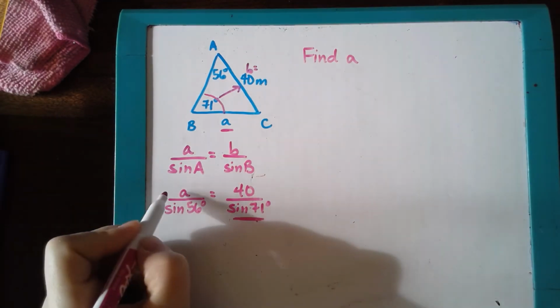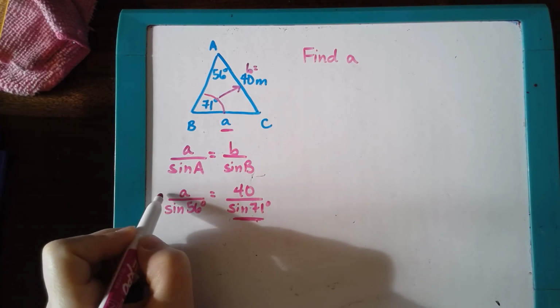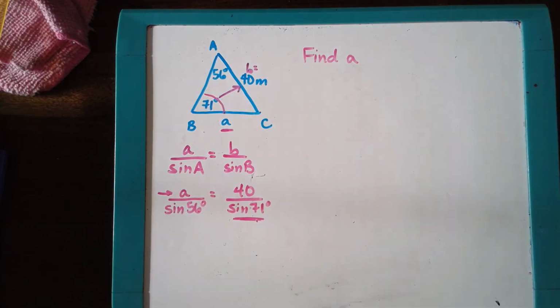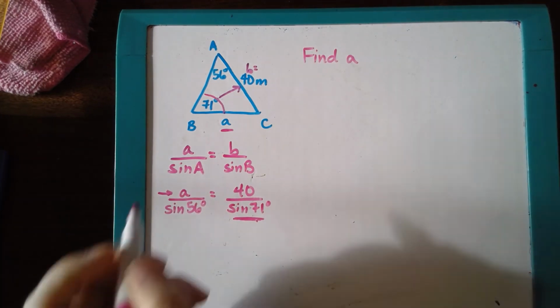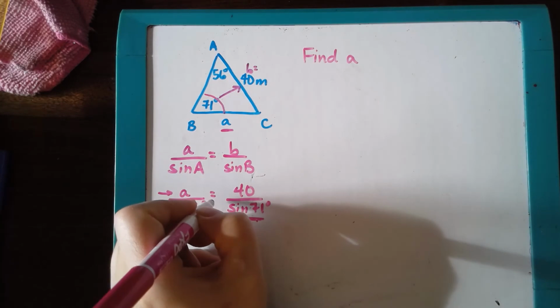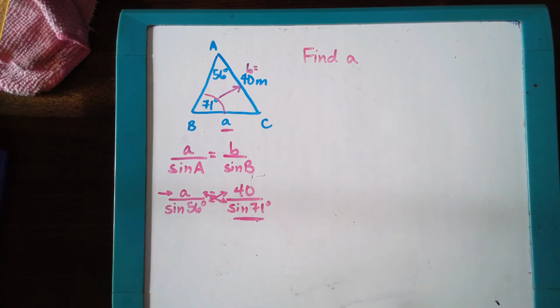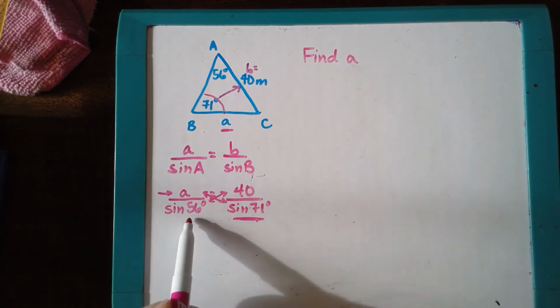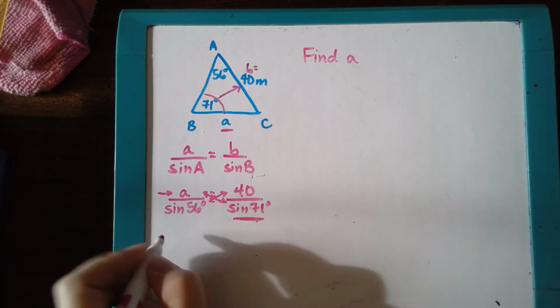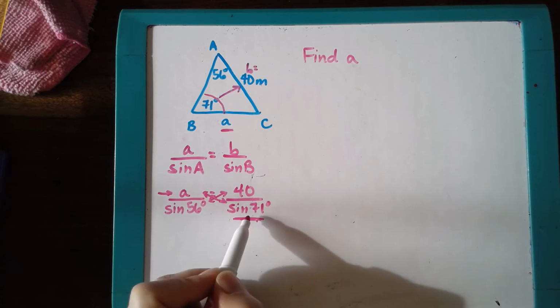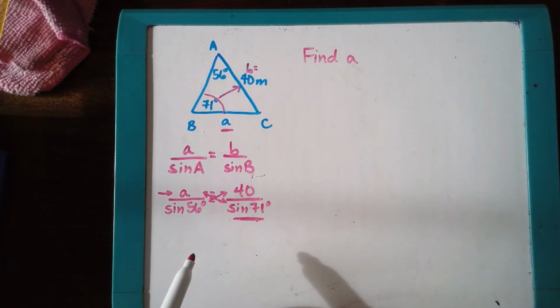If the thing that I'm looking for is up in this top left-hand corner, you might remember from our last unit on rates and scale, we can always use a cross multiplication. Sine 56 times 40 equals A times sine 71.